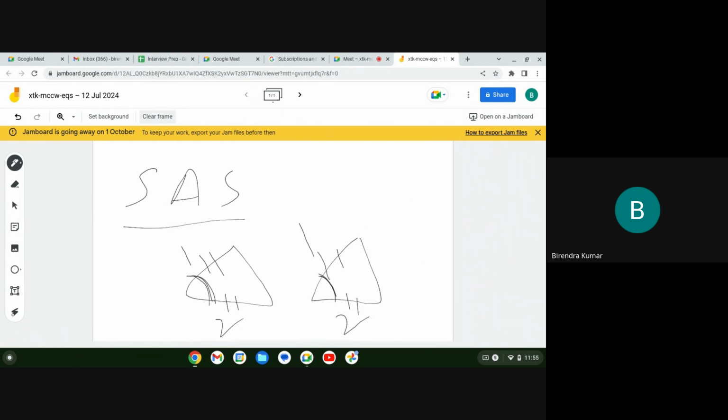Meaning if you can find two triangles that have matching sides and the angle between the sides also matching, then these two triangles will be congruent. And we will try proving this theorem.